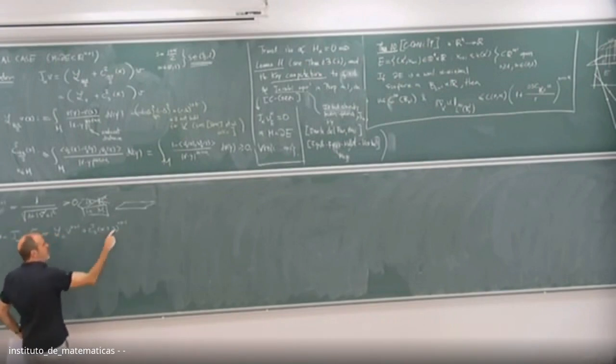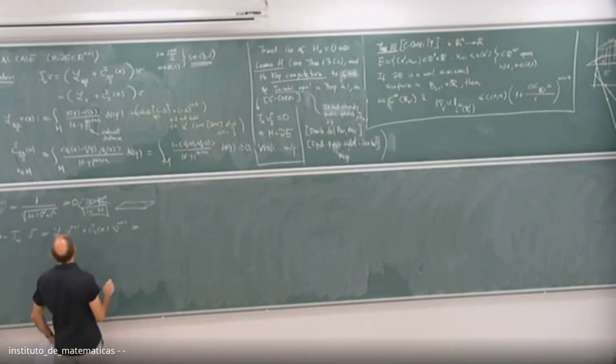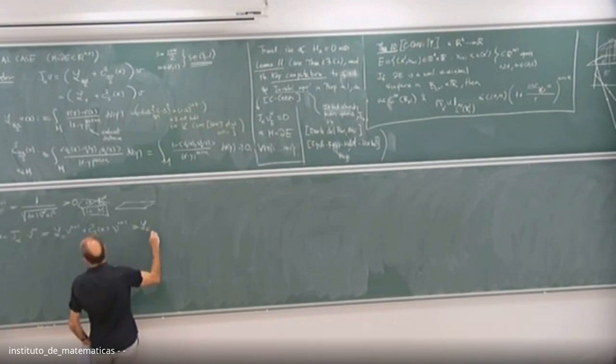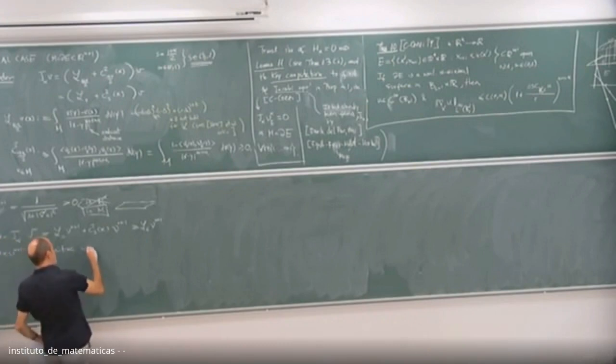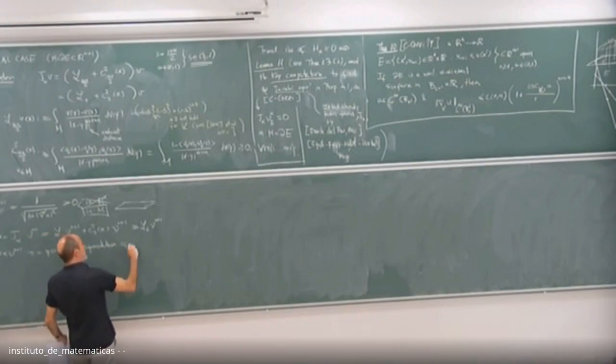But this is non-negative, and this is non-negative. So all this is greater or equal than L_s of nu n plus 1. So nu n plus 1 is a positive supersolution of the homogeneous equation.